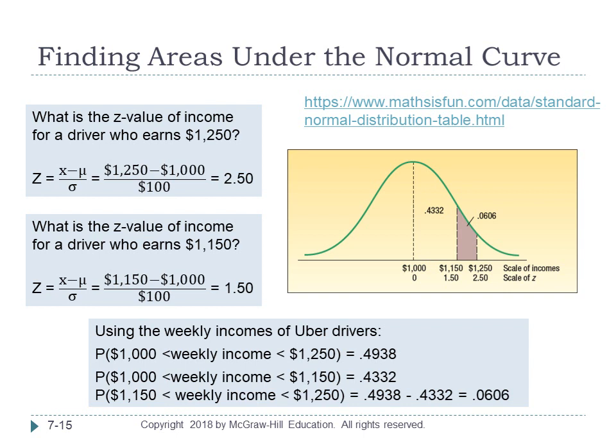But the graph will help you decide whether you need to add or subtract, and what to add or subtract. Drawing a graph will help you use the standard tables to look up areas.